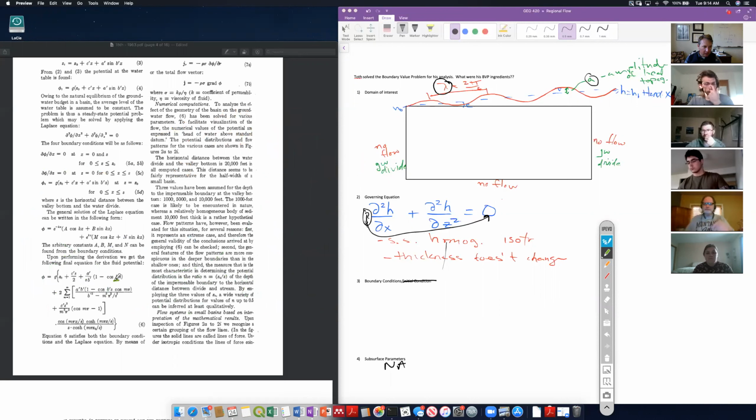I can test the frequency of my wavelength and the amplitude of the wavelength. With these two, I can test what happens if I have really big undulating topography, or really long wavelength or really short wavelength topography. And we can start to think about the situations where we might expect regional flow to dominate versus local flow to dominate.